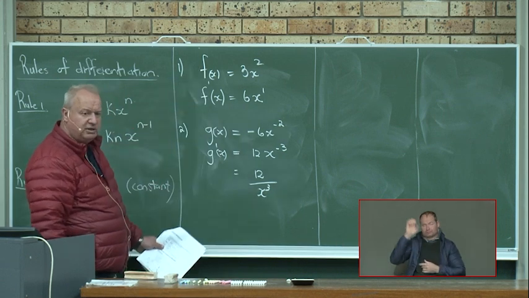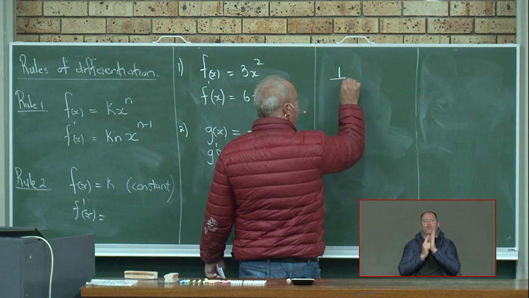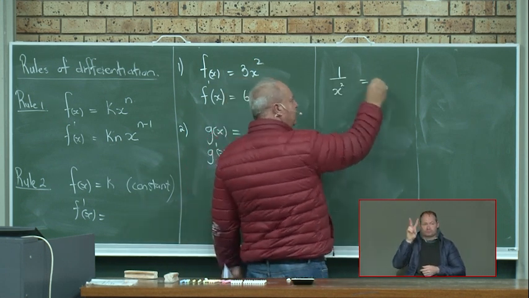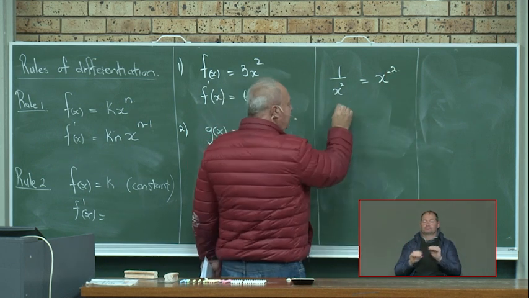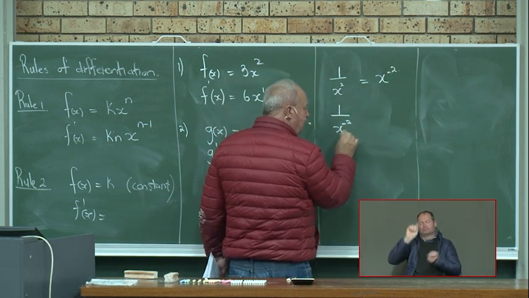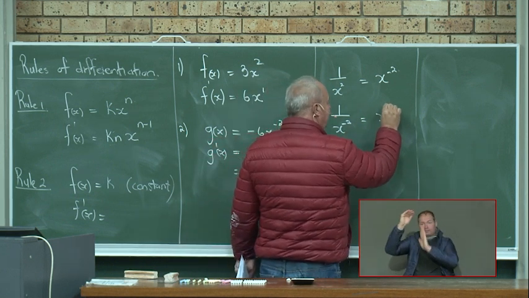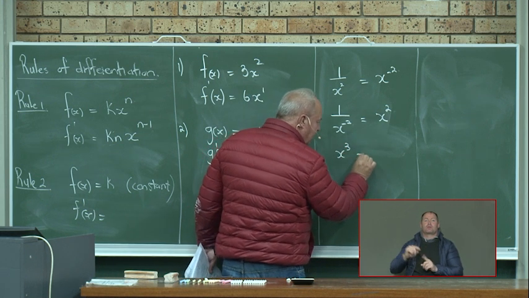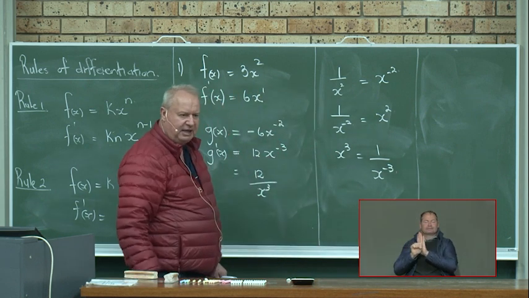Remember, let's look at the exponential laws. If we say 1 over x squared, if it's positive in the denominator and I take it to the top, I change the sign of the exponent. If it is negative on top and I take it to the bottom line, I change the sign of the exponent. If it is negative at the bottom and I take it to the top, it becomes positive. Is that clear?